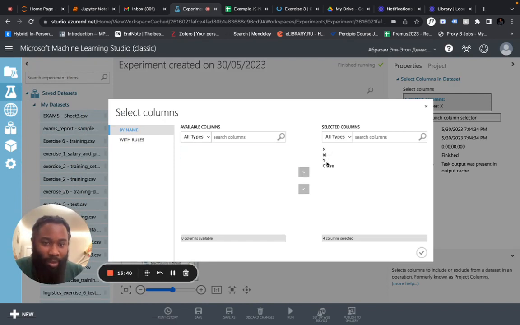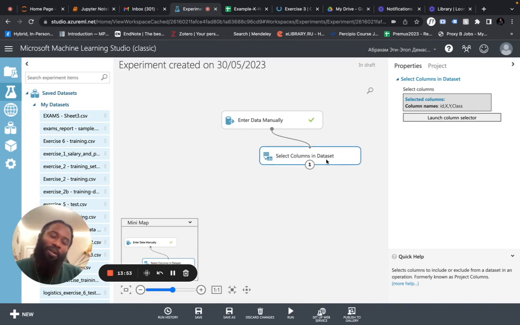So we have our X, we have our Y, we have our ID. Let me take this out and do it in order. ID, X, Y, class. Okay. What I would also like to do is edit the metadata so we can use the X1, X2 formats and Y instead of class. So it's easy for us to work with this data set. So let's do the metadata.